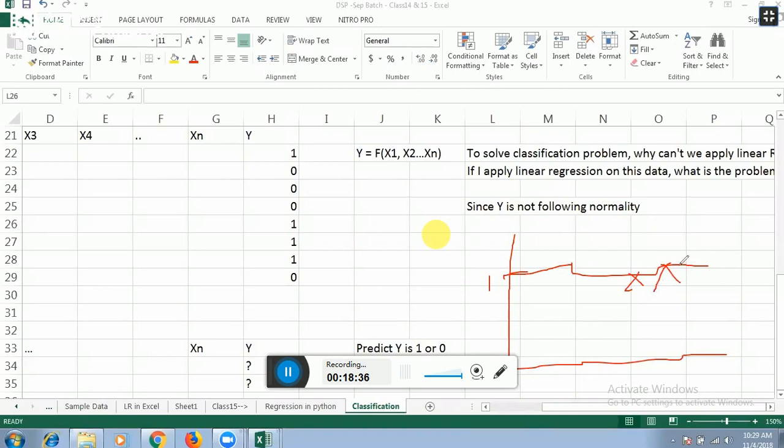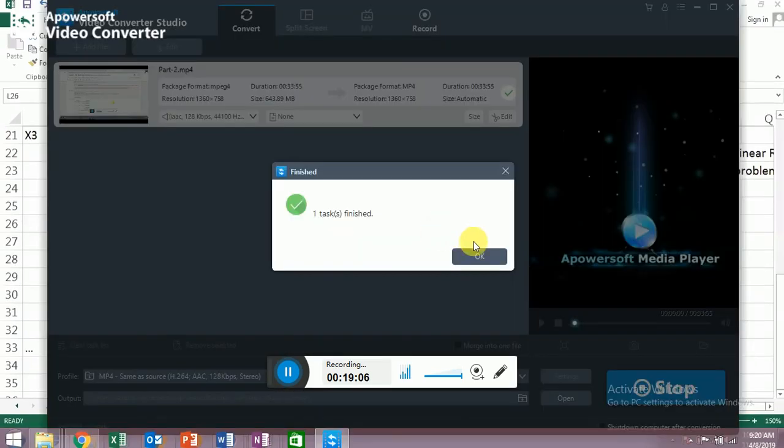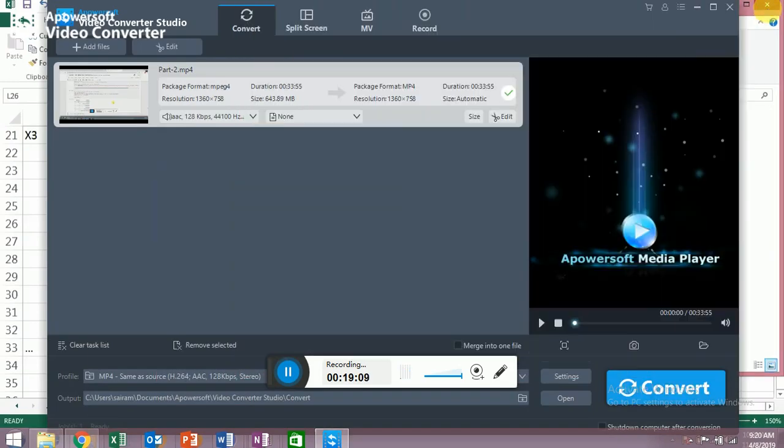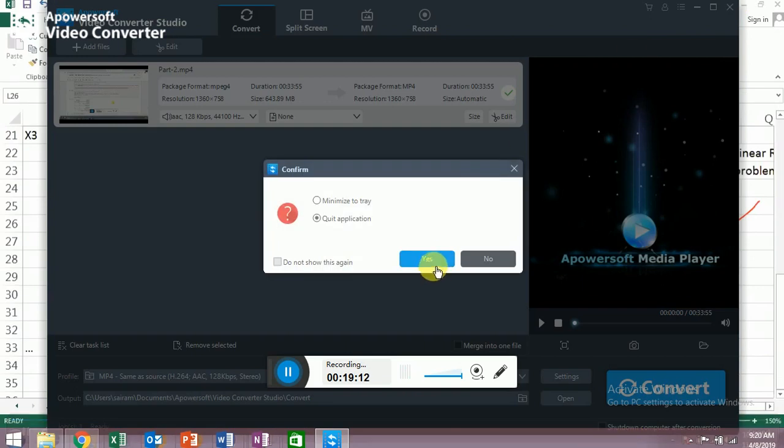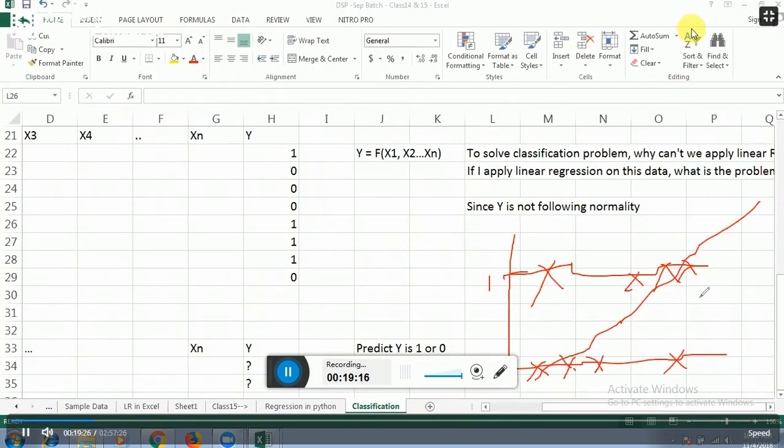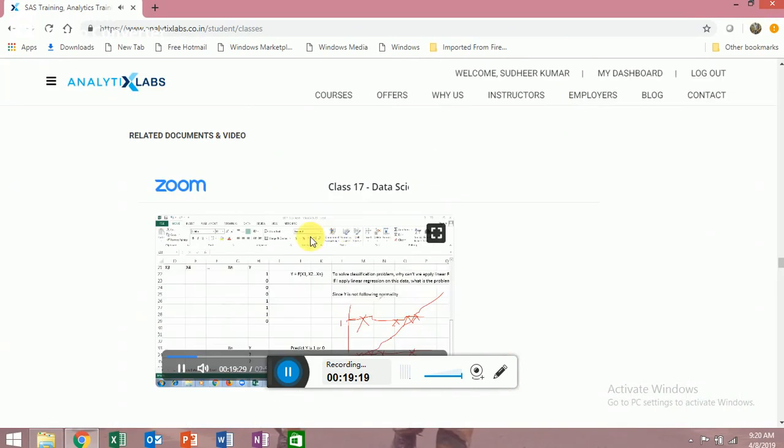Now, with this data, is there any linear relationship between these two? No, right? Obviously this is not a best fit relationship, given that the data has maximum error. Correct or not?